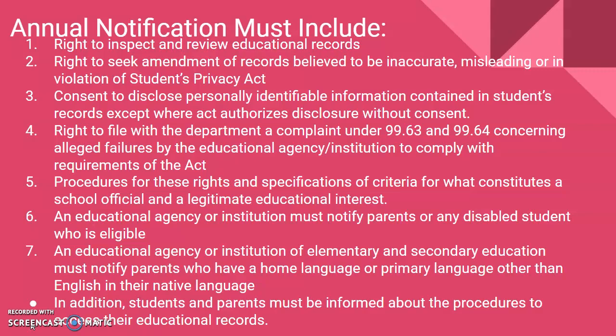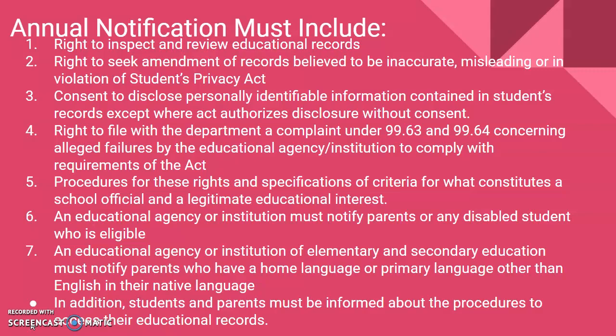It must include the right to file with the department a complaint under 99.63 and 99.64 concerning alleged failures by the educational agency or institution to comply with requirements of the Act.